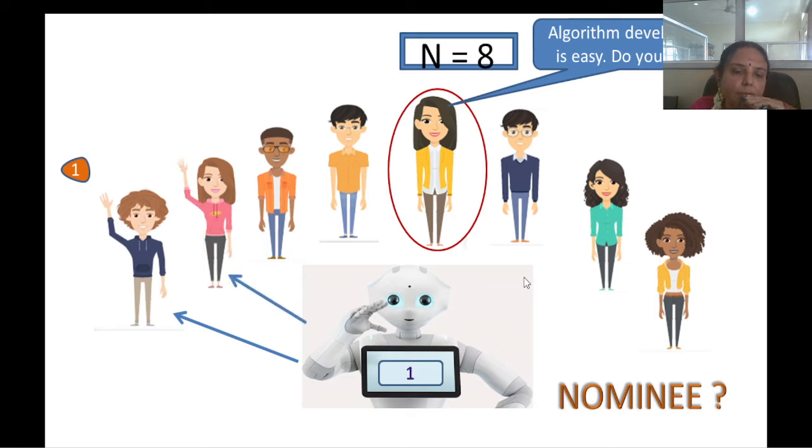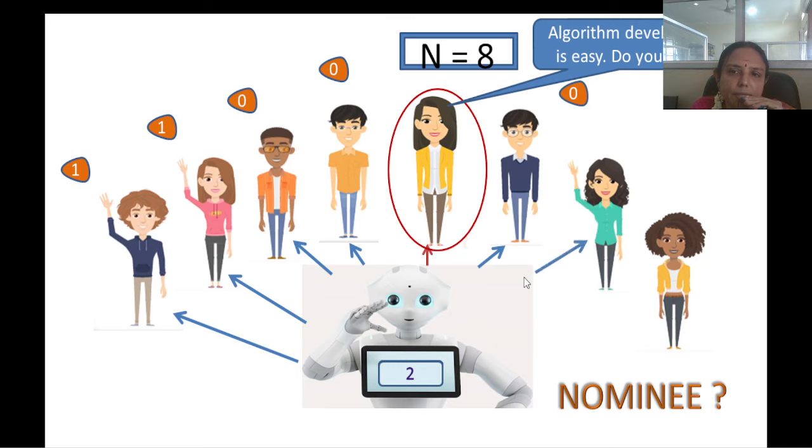Next person raising, so the signal is 1 and the count is incremented. Third person not raising, so it is 0. Fourth person not raising. Then the nominee we skip. Then the next person is also not raising.